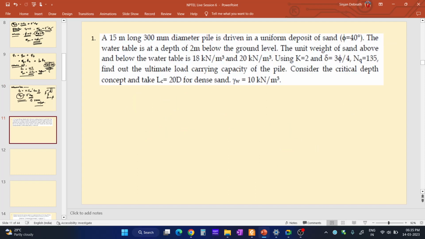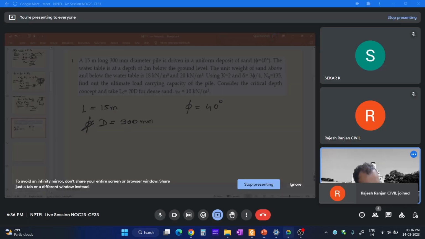So what is the first question? A 15-meter long, 300 diameter pile. Let me write everything down. The length of the pile is 15 meter, diameter is 300, and it is driven in a uniform deposit of sand whose phi is 40 degrees.